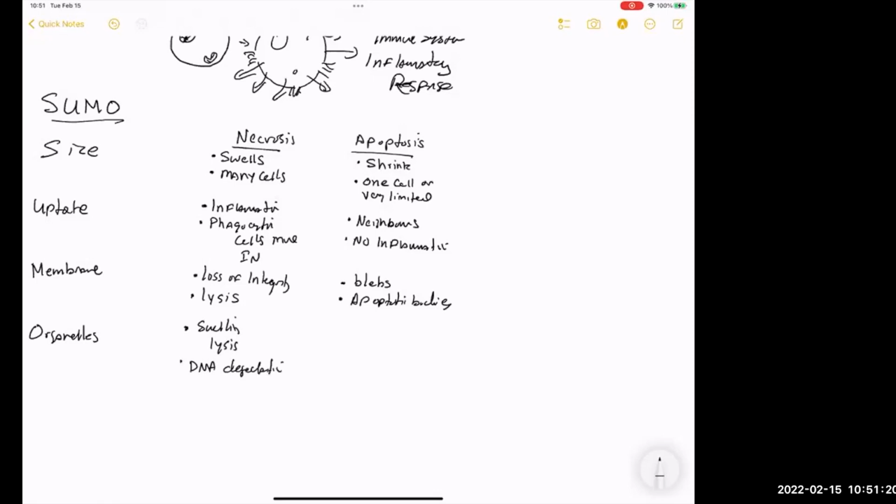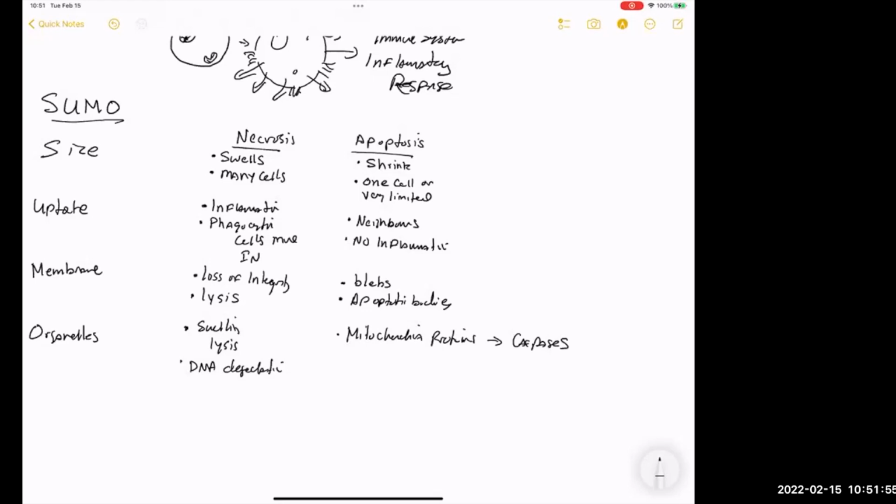with necrosis, whereas in apoptosis, right, the mitochondria release proteins like caspases that help condense and package the organelles and their contents, right?